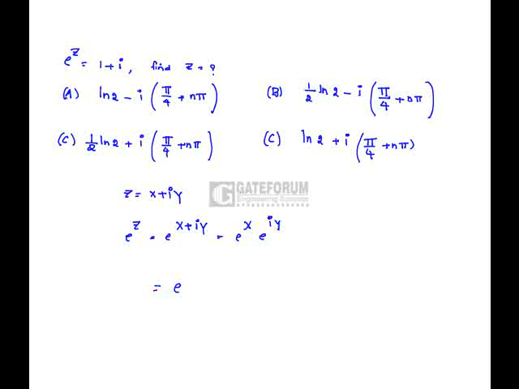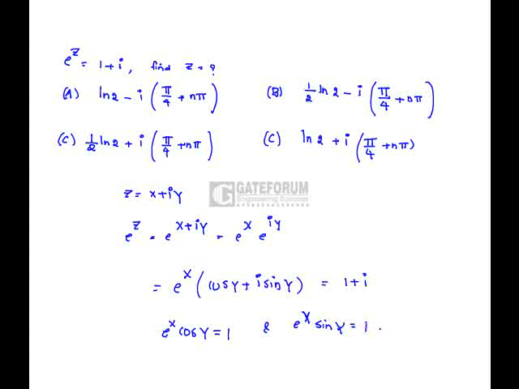Here e power iy can be replaced with cos y plus i sin y, which is equal to 1 plus i. If we compare the LHS and RHS, then we get e^x cos y as 1 and e^x sin y is equal to 1.